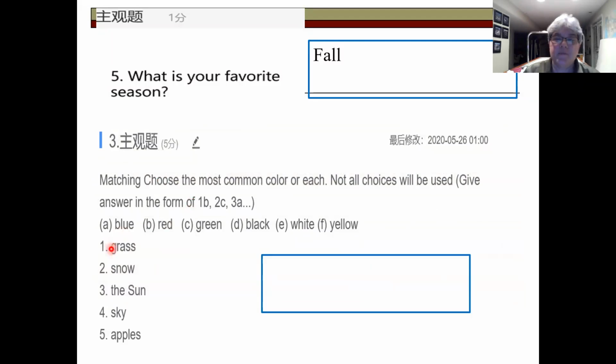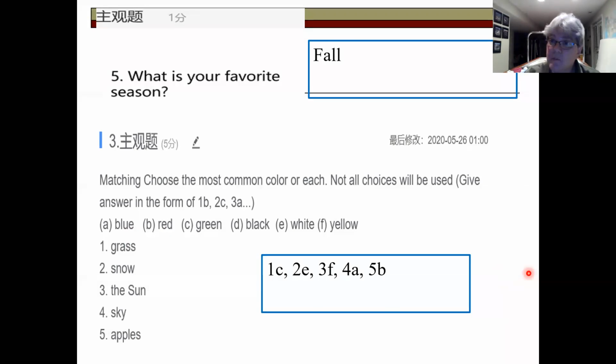So grass, what color is grass? Well, normally it's green. So we write 1C. Snow, white, 2E. Sun, yellow, 3F. Sky, blue, 4A. And apples, red, 5B. So that's how you answer matching. You just type them in the box on your computer.